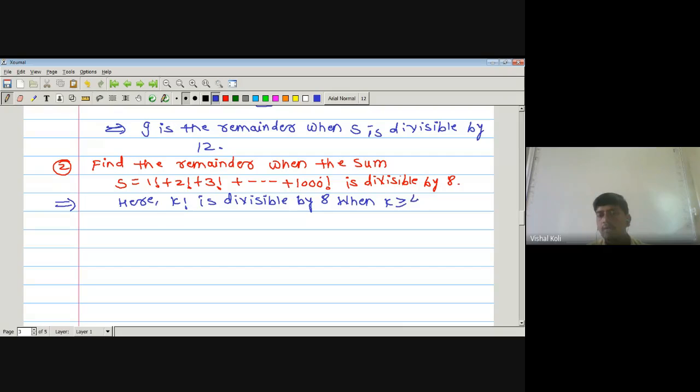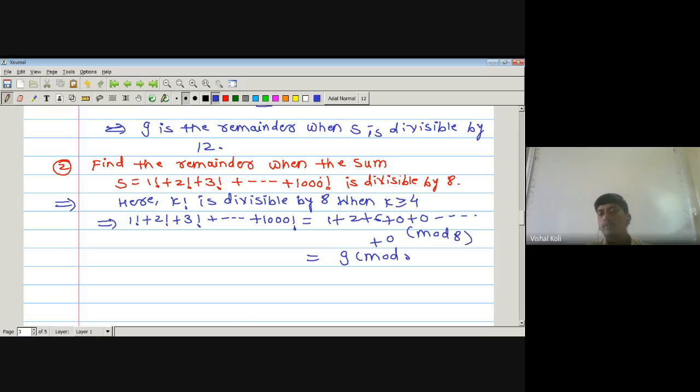Therefore, for k greater than or equal to 4, k factorial is divisible by 8, which implies 1 factorial plus 2 factorial plus 3 factorial plus up to 1000 factorial is equal to 1 plus 2 plus 6. From 4 onwards, the remainder is 0 plus 0 plus 0 plus up to 0 over modulo 8, which is nothing but 1 plus 2 plus 6, which is 9 modulo 8.